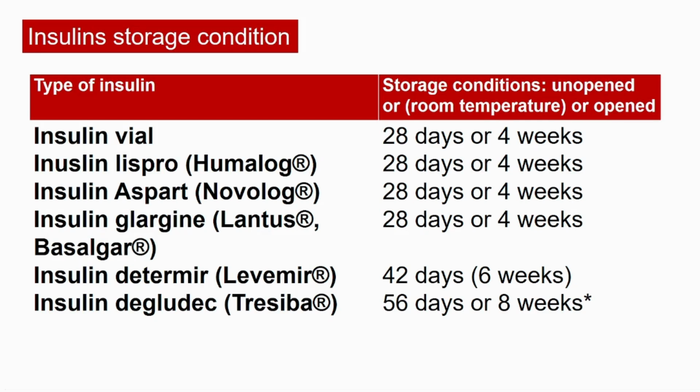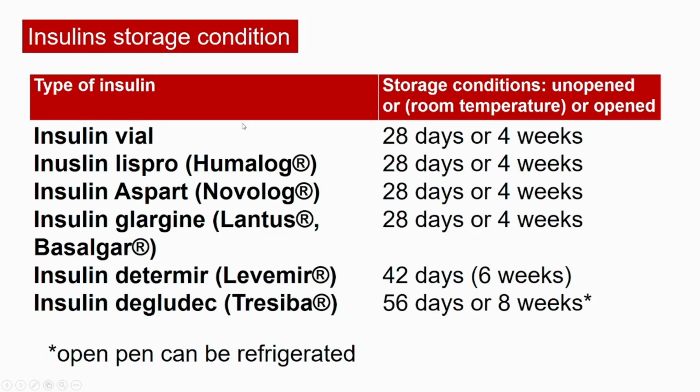Insulin vials and most insulins, such as insulin lispro and aspart, last 28 days, and glargine can also stay up to 28 days. However, detemir lasts longer, 42 days, 6 weeks, and insulin degludec, Tresiba, lasts 56 days, the longest duration of effect. Tresiba's open pen can also be refrigerated.